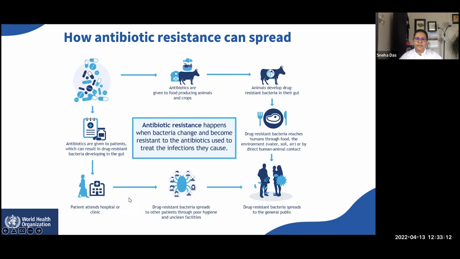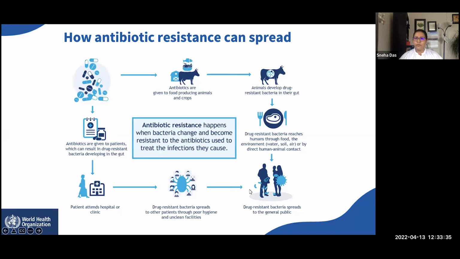Now, if they go to a clinic or a hospital which doesn't have the best hygienic environment, then they can spread this resistant bug to other patients in that facility. And it can also happen by other mechanisms due to poor hygiene and poor sanitation.